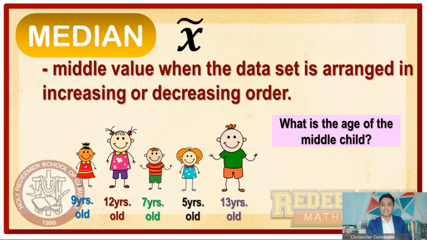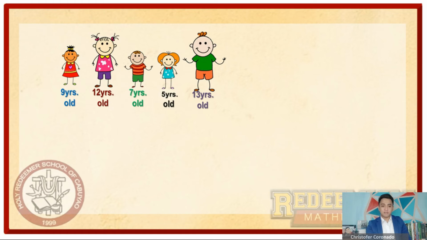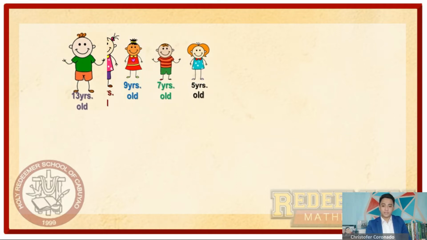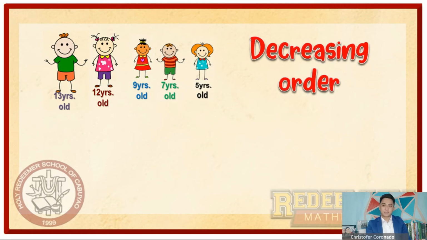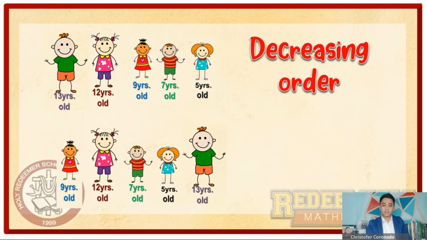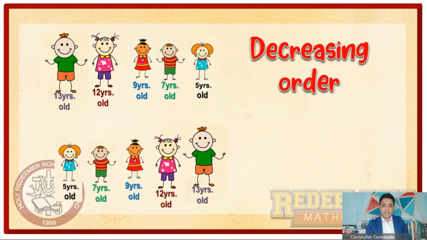So in this case, we first need to arrange the ages in decreasing or increasing order. If it is written in decreasing order, we would begin with 13, 12, 9, 7, and 5. Following increasing order, that would be 5, followed by 7, 9, 12, and 13.